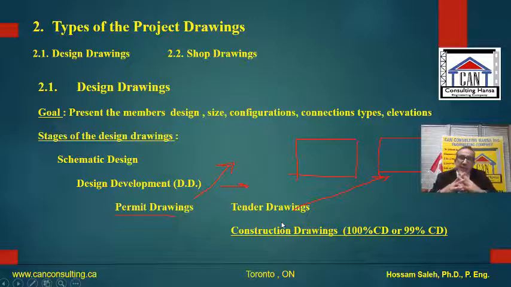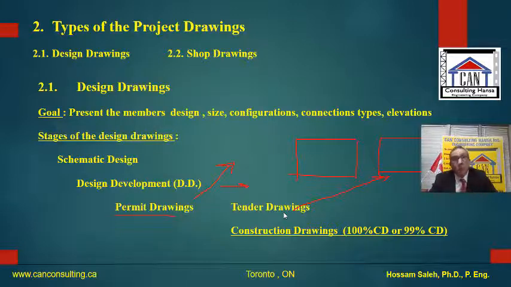Now somebody can say, but you know what? The construction drawing might change something from the tender drawing. Now we discovered something, and we modified the drawing, so it's not the same drawing as what the contractor put his price on.